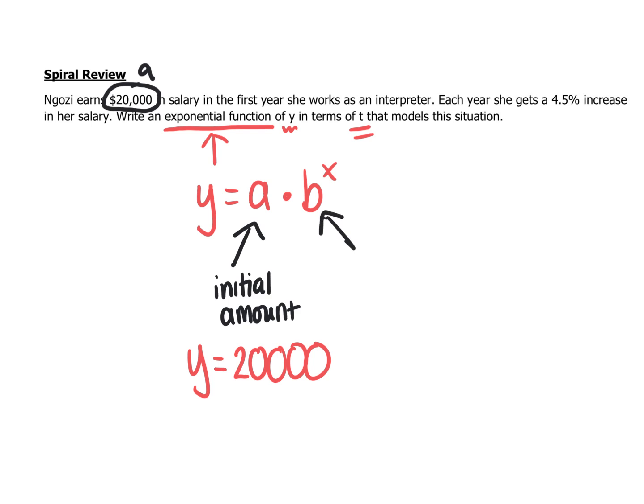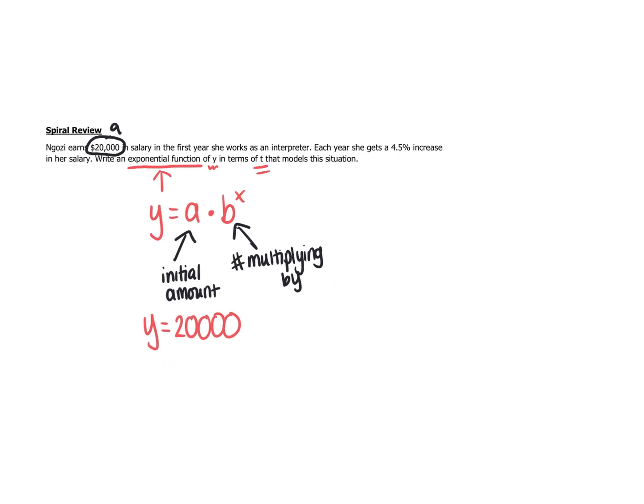The b in an exponential is the number we are multiplying by. In this case, though, we have a percent, okay? It says 4.5% increase. Now, when we have a percent, there are two different options.